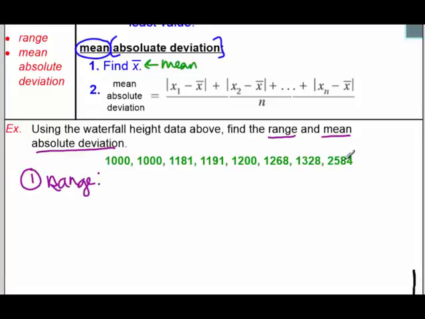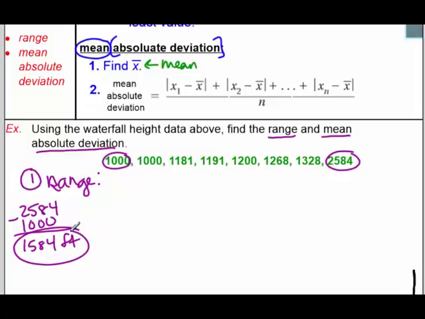Big minus small. So I'm going to take the biggest number, 2,584, subtract it from the smallest waterfall height, and our range here is going to be 1,584 feet. Okay, so the difference from the shortest waterfall to the tallest waterfall is 1,584 feet.